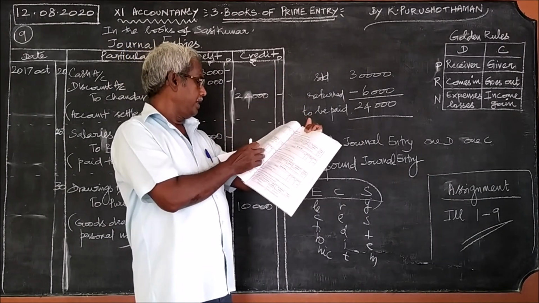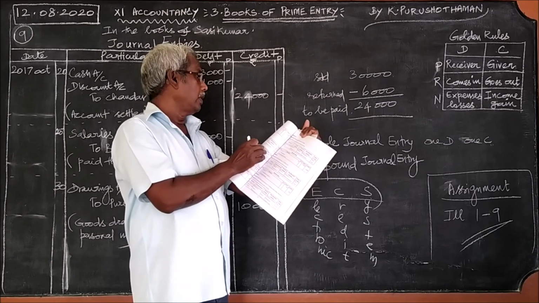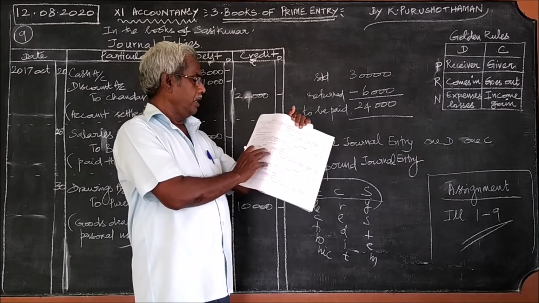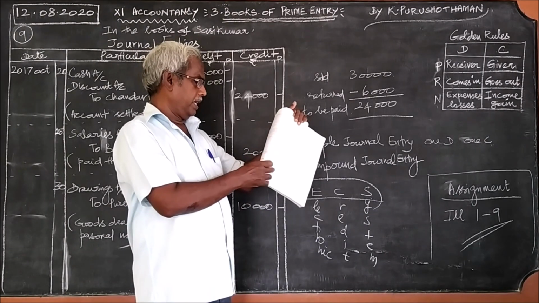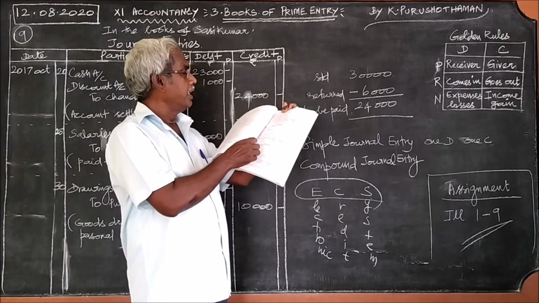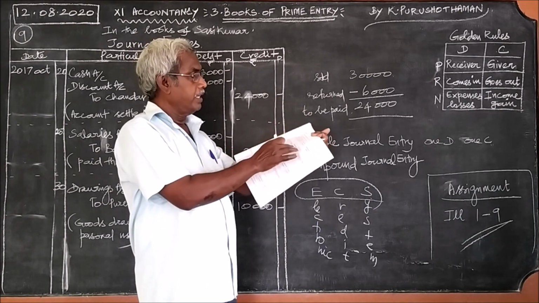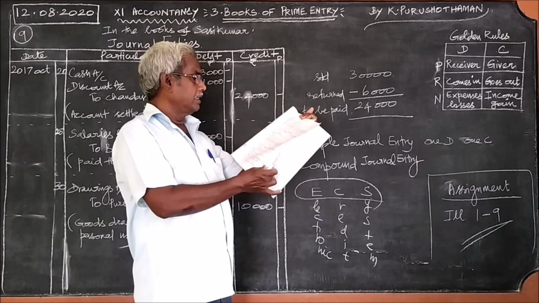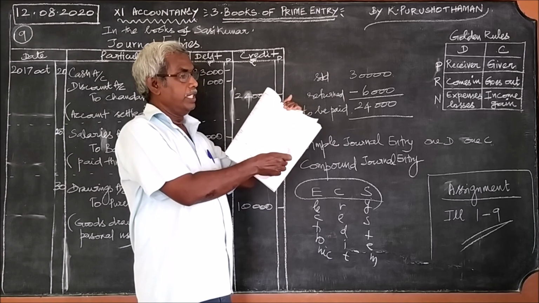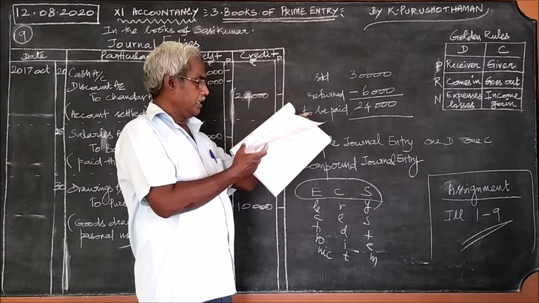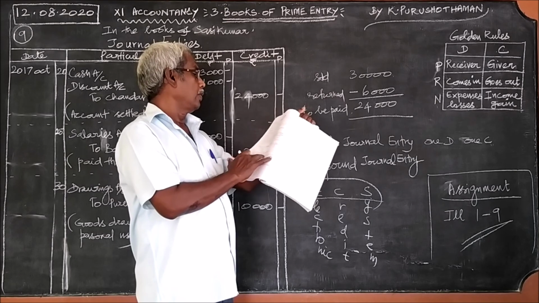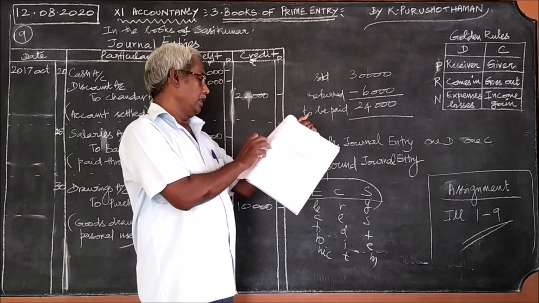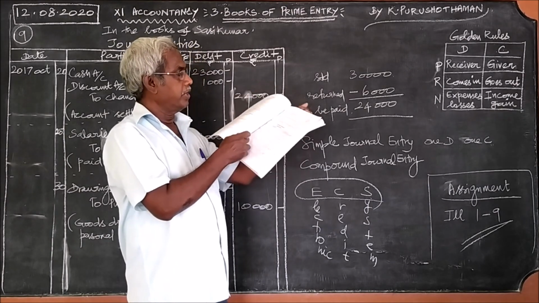For example 8, only you should pass this journal entry. For example 9, 10, 11, 12, and 13, you should pass only the journal entry.